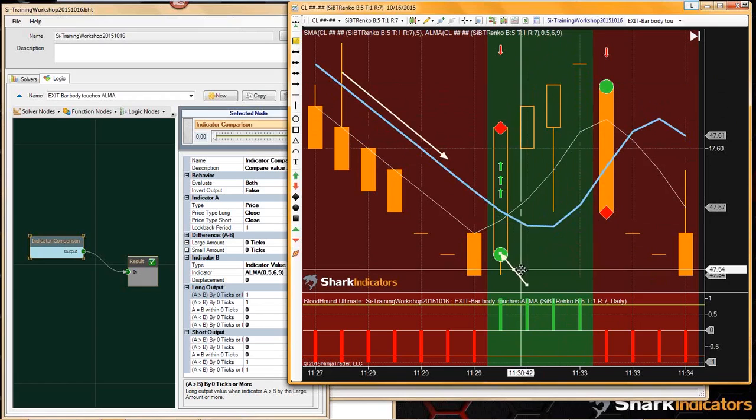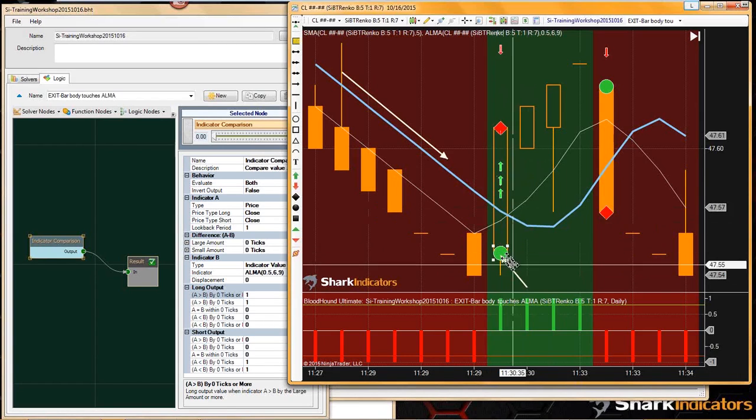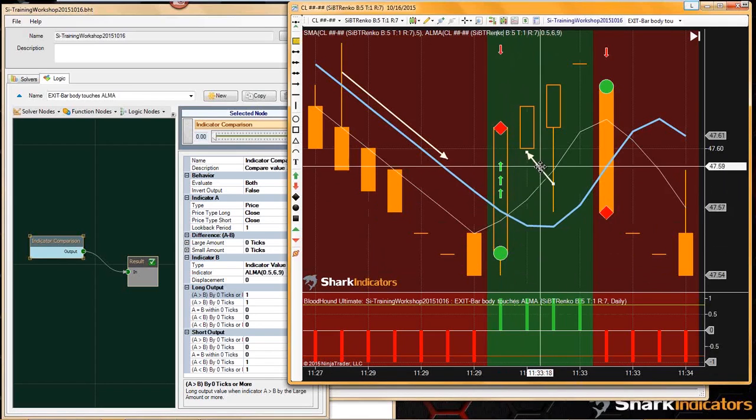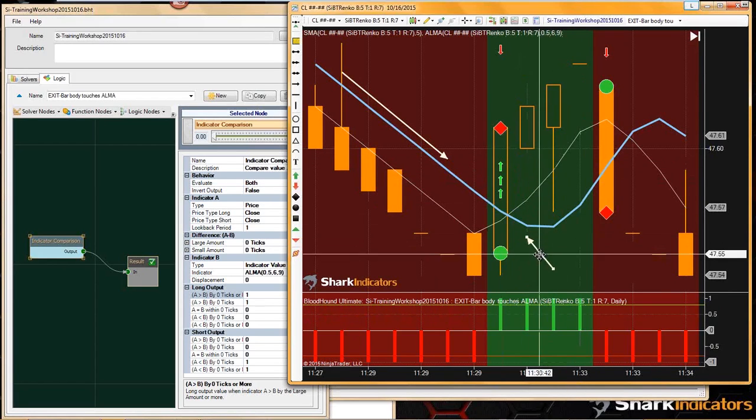So we need to do the second part of the condition, which was to make sure that the open price is less than our indicator. Once we check the open price of the bars, we'll see that the open price of this bar is not less than our indicator, and that'll remove the long outputs from here.